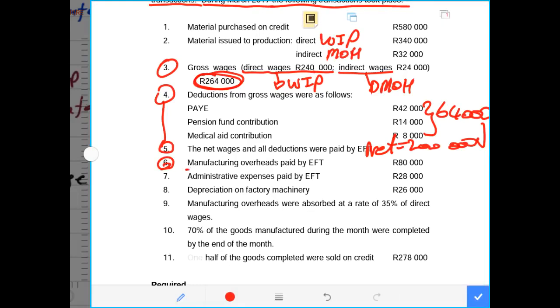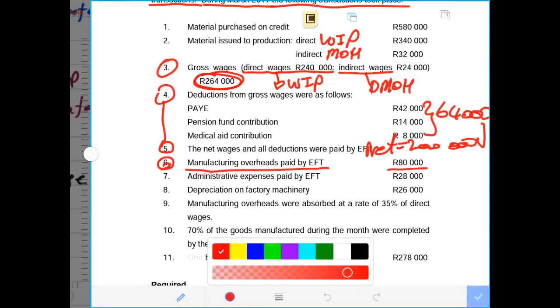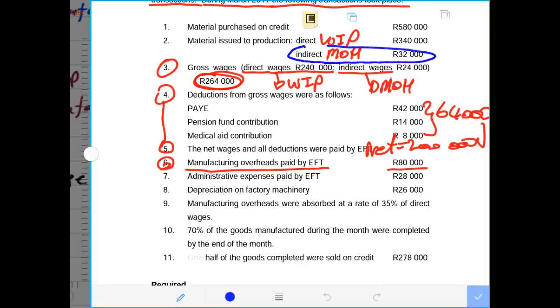Number 6 says manufacturing overheads paid by EFT 80,000 rands. Don't forget that previously we had other manufacturing overheads that were recorded already. We had indirect material, which was a manufacturing overhead. We also had indirect wage, which was also a manufacturing overhead.